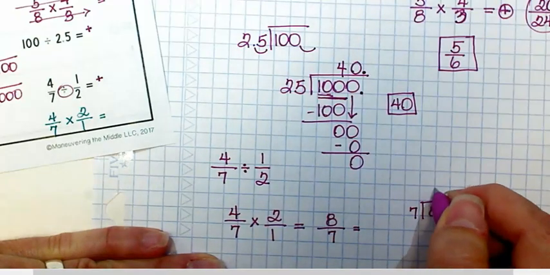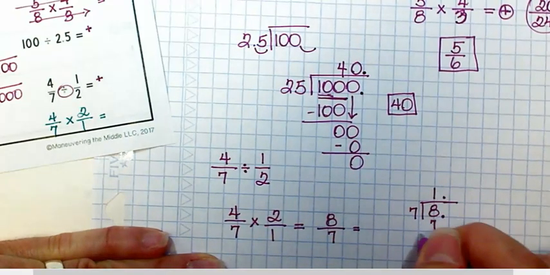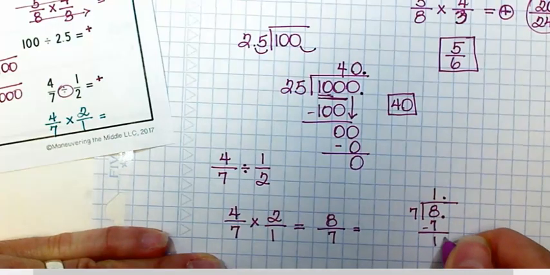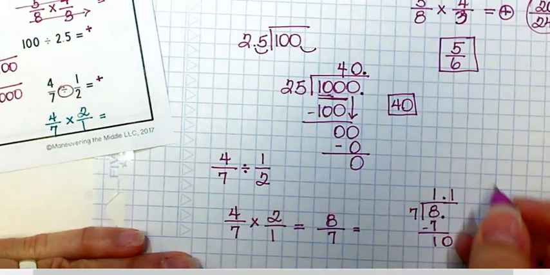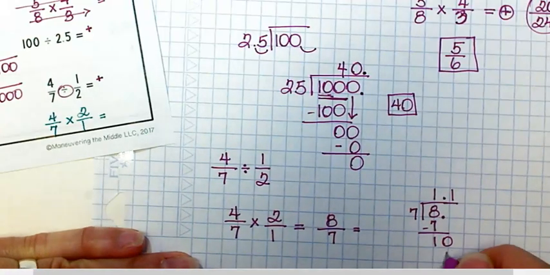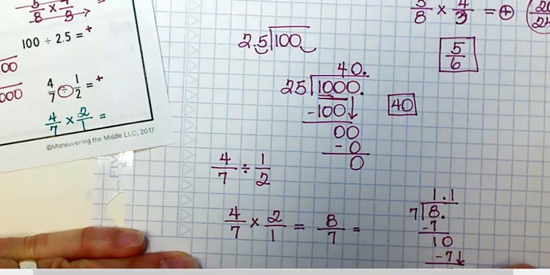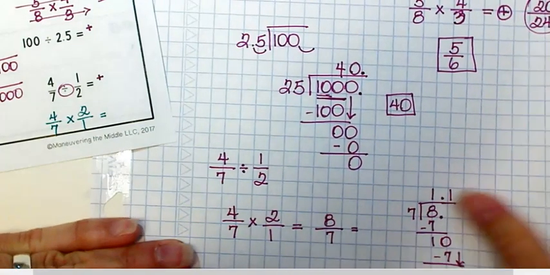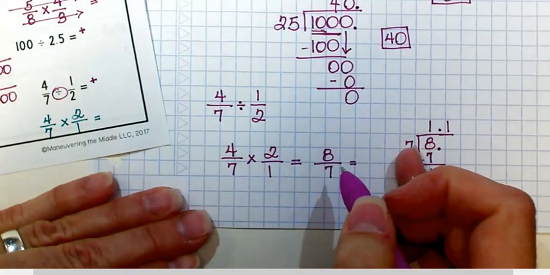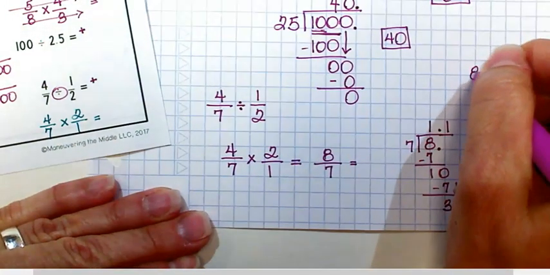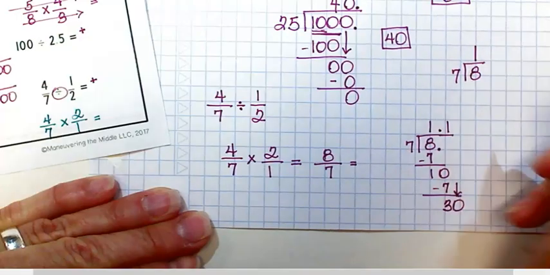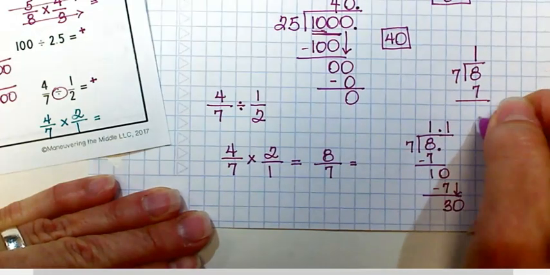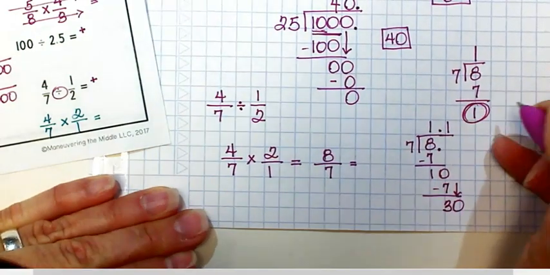7 will go into 8 one time. 1 times 7 is 7. Okay. All right, so 7 will go into 10 once. I can do all of this. 1 times 7 is 7. Bring down a 0, and this is going to be a messy fraction. Or I can just say, you know what? 7 will go into 8 one time. 1 times 7 is 7, with 1 as a remainder.